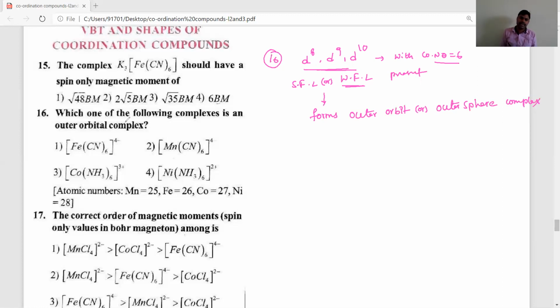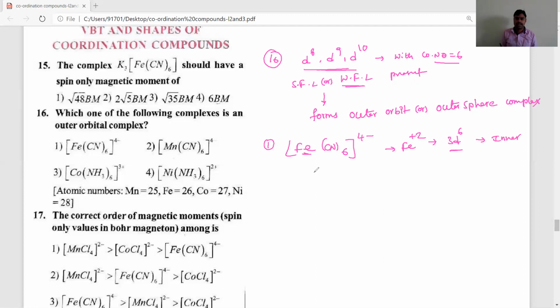Now let's check the iron in the first complex, [Fe(CN)6]4-. The iron oxidation state is +2, which means 3d6, so it is an inner orbital complex.